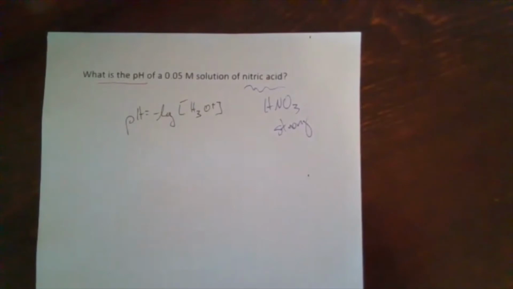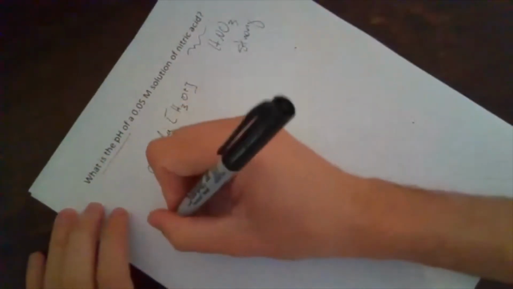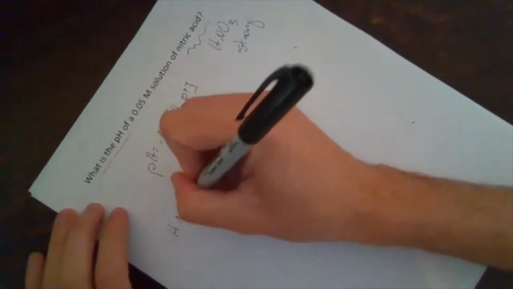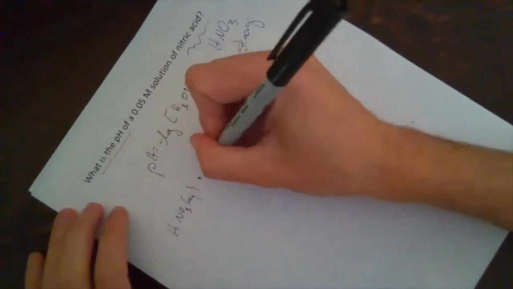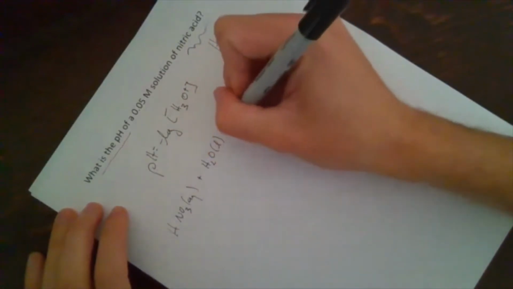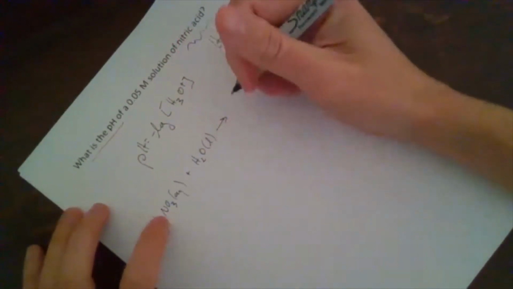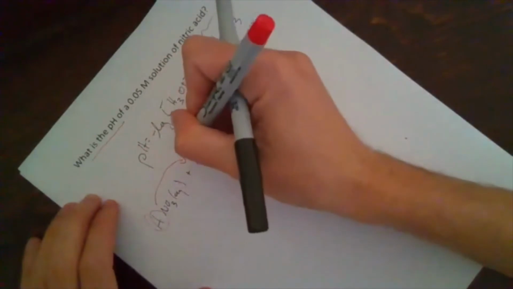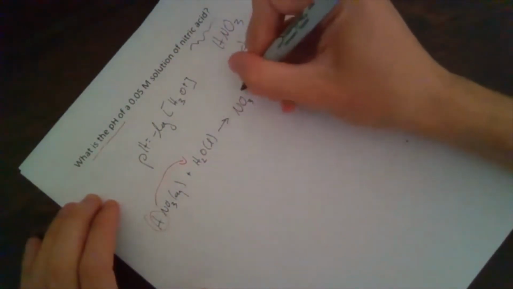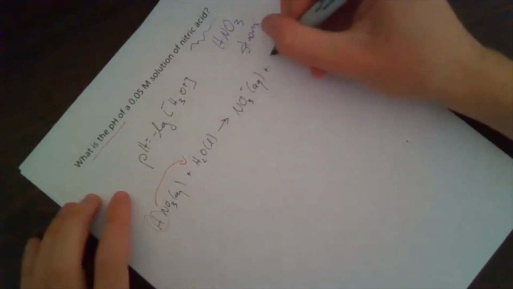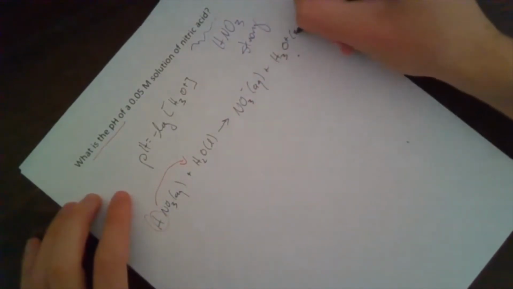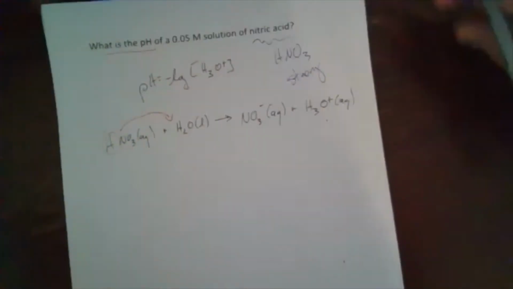What it means for nitric acid to be strong is that in this reaction, HNO3 aqueous dissolves in water. It reacts with water as an acid, meaning it donates this H over here to the water, becoming NO3 minus aqueous plus H3O plus aqueous.